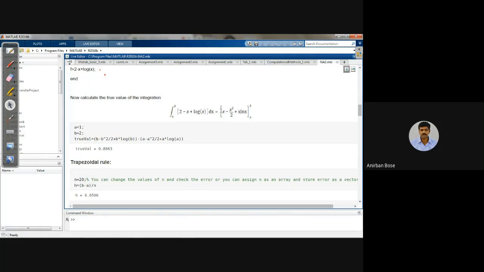So the initial 2x minus x will become only x. The limit is given a to b, and a and b are 1 and 2. The true value of the integration calculated from the actual integration is finally coming 0.8863. So this is the actual answer of this integration, 0.8863.